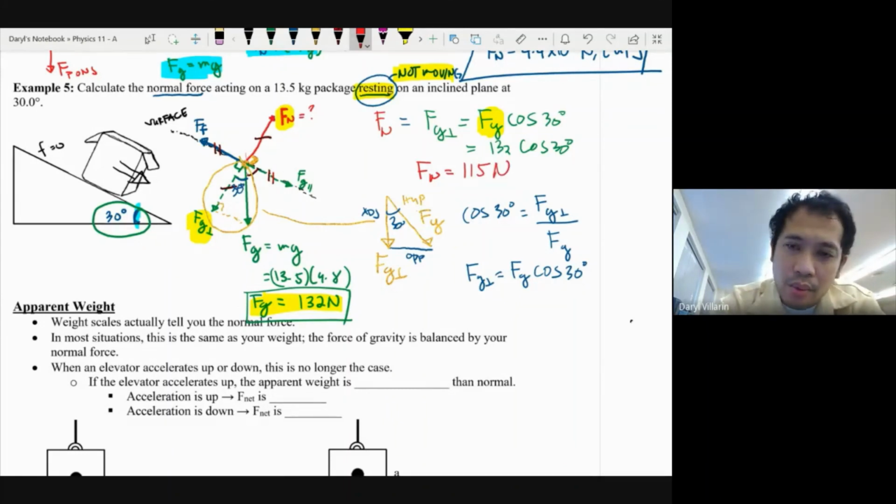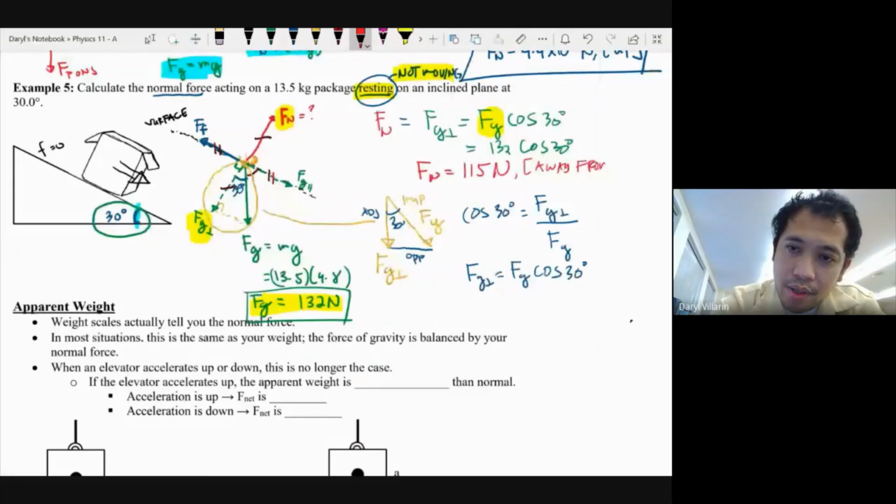That would be away from the surface. Remember that the direction of the normal force is always away from the surface.